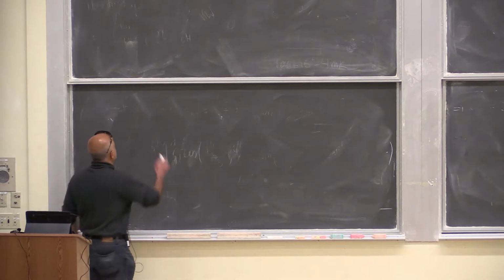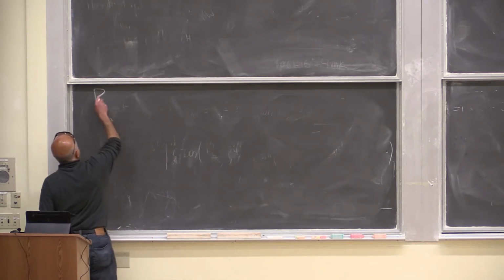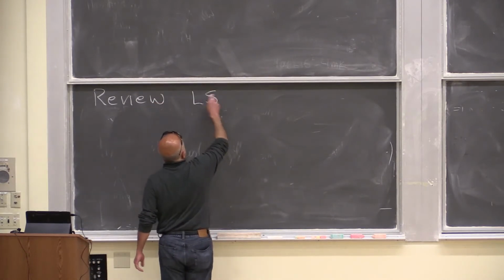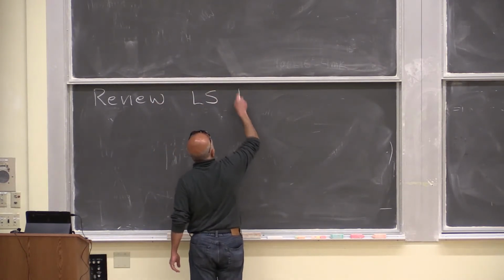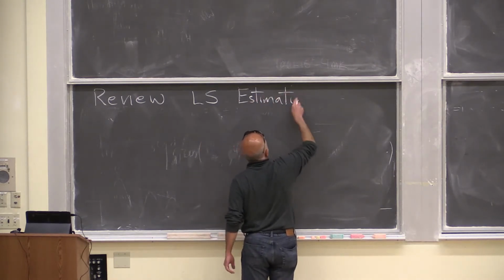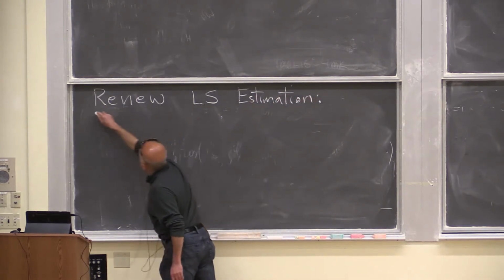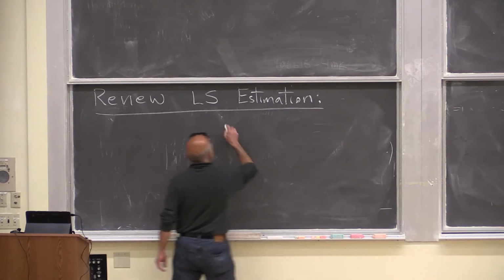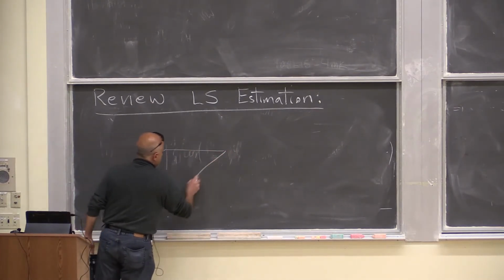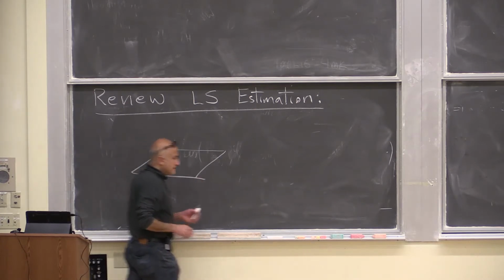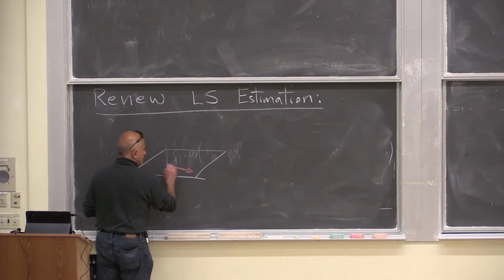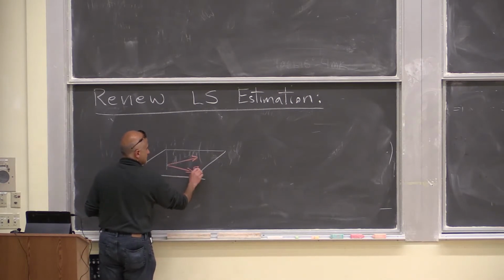So let me just do a quick review of least squares estimation or approximation. In its general form, we had a subspace that was spanned by a bunch of vectors.